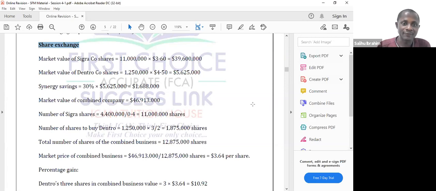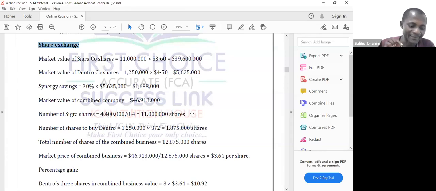The current shares they have is 1,250,000. Divide 1,250,000 shares by 2, we get 625,000.